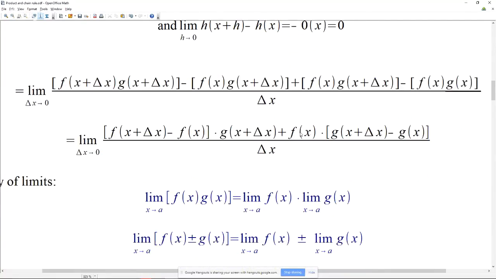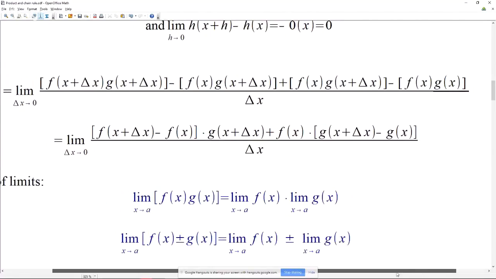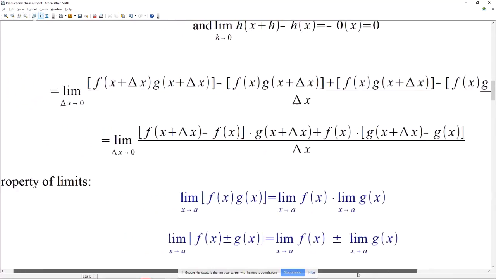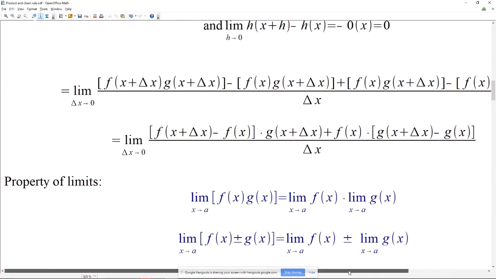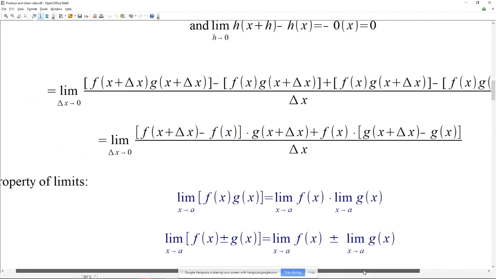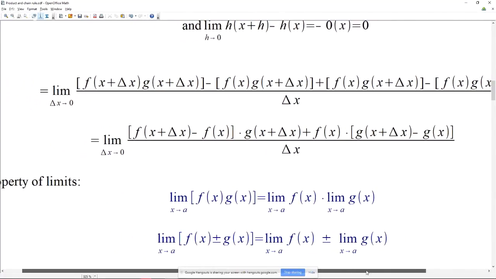Can you see my pointer? Yes. Okay. No. This f of x. You guys don't see my pointer? Some people do. Some people don't. Can I suggest in the future you get a larger pointer? I don't know how to do that, to be honest with you. Well, you can Google it.